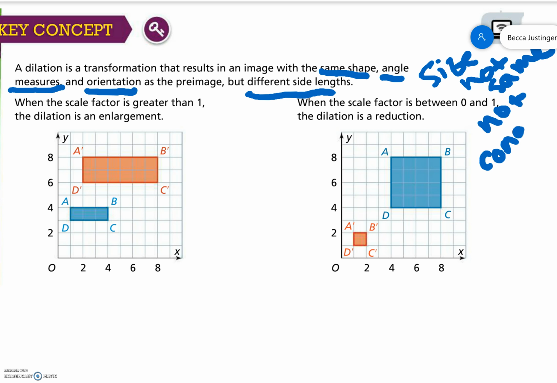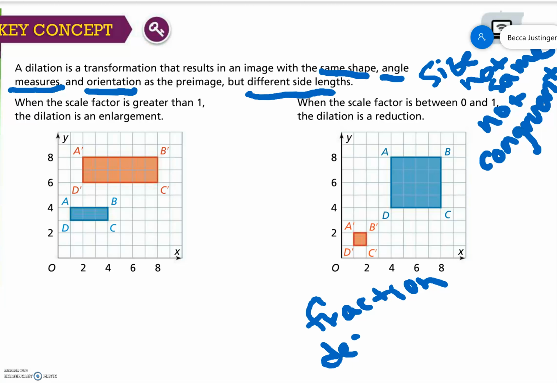Remember, we learned congruent last lesson. When a scale factor is greater than 1, the dilation is an enlargement. And when the scale factor is between 0 and 1, meaning it's a fraction or a decimal between 0 and 1, it's a reduction. So enlargement makes it bigger, reduction makes it smaller.